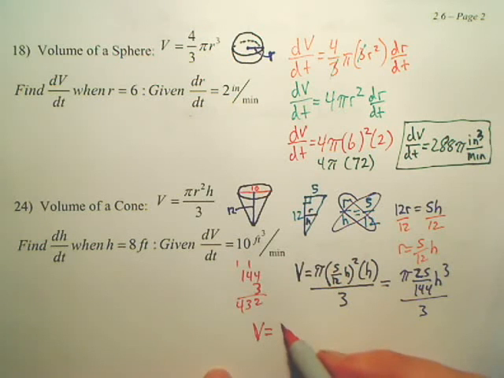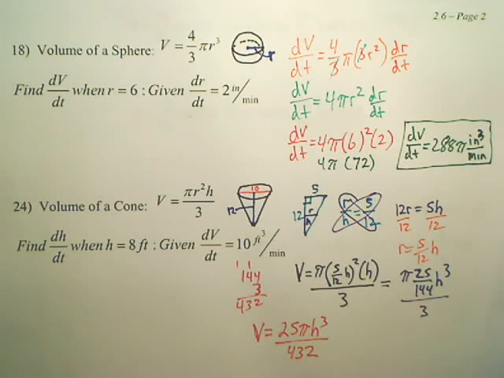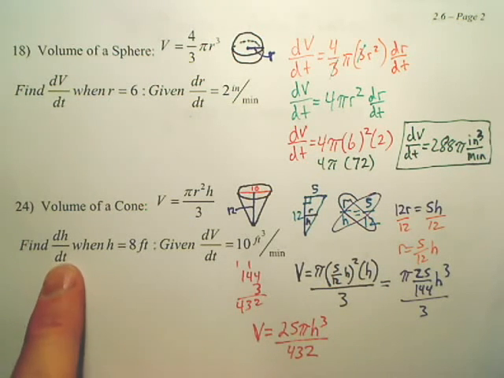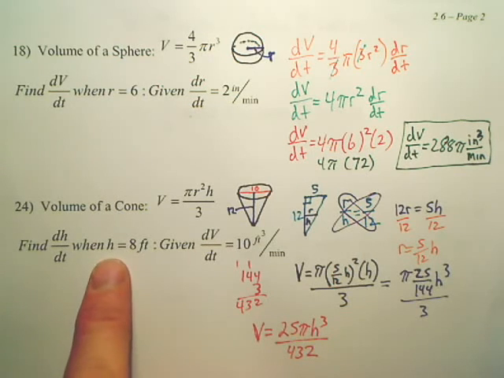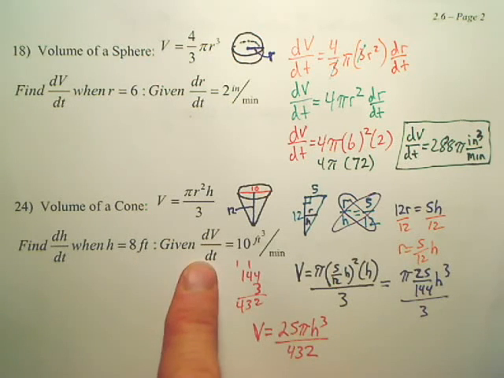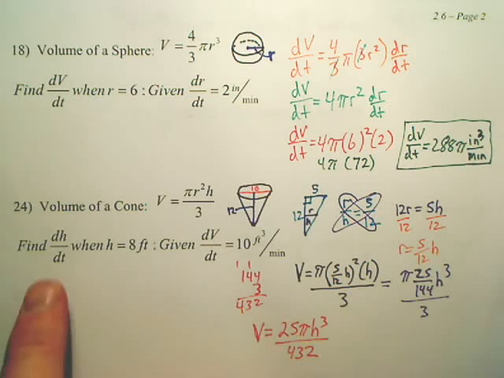So this one's going to be 25 pi h to the third over 432. That is my new volume formula in terms of only h. Can I derive this and I'll have dh/dt, I will have an h, I will have dV/dt. Can I plug everything in, find dh/dt?